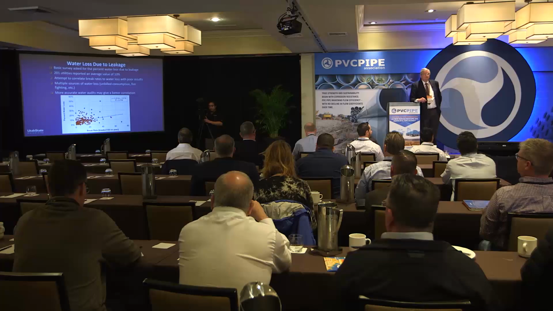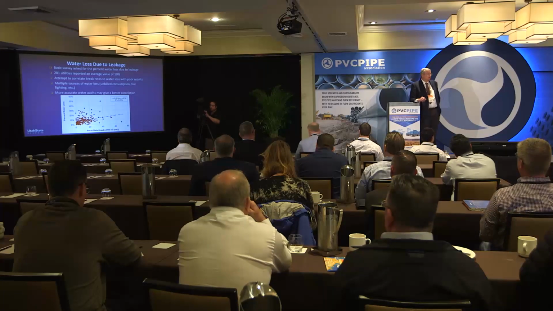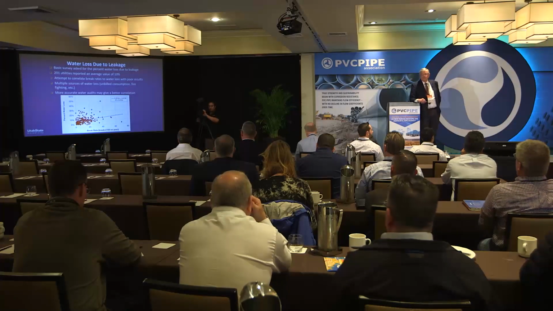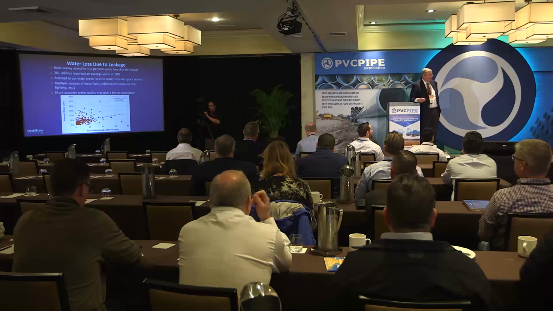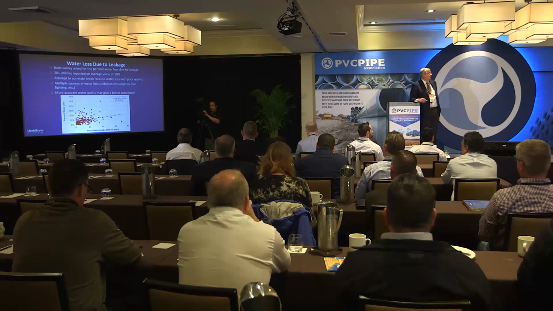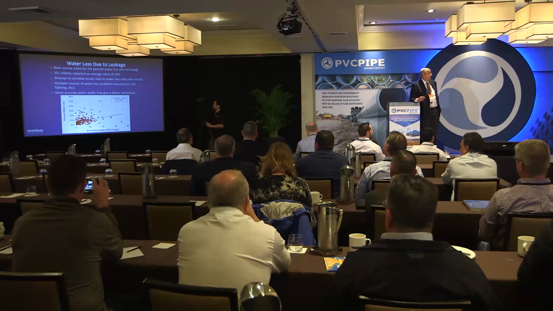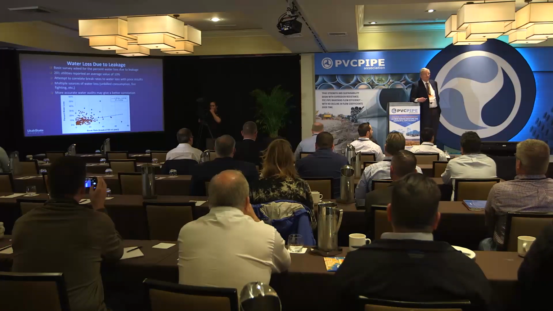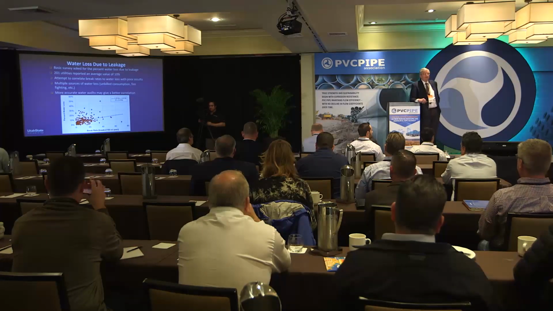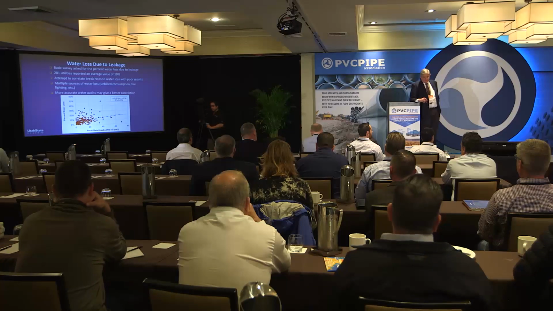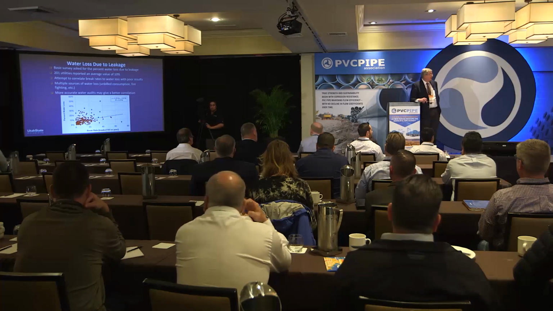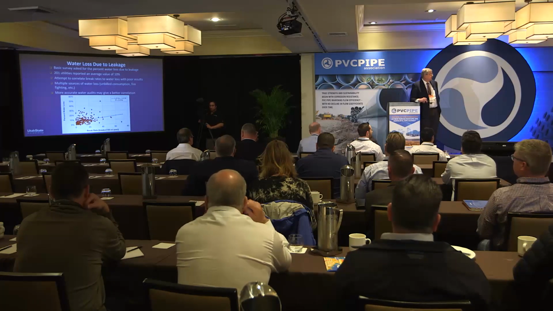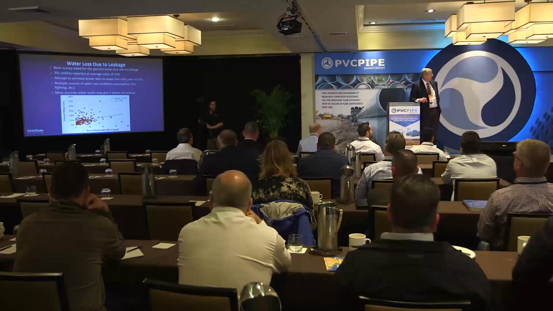However, a lot of these utilities, especially the small ones, don't have a detailed leakage survey done. You've got losses due to firefighting or unbilled consumption that are legitimate, that's probably included in that 10%. But I thought, let's try and correlate what we're seeing in terms of water loss rates.